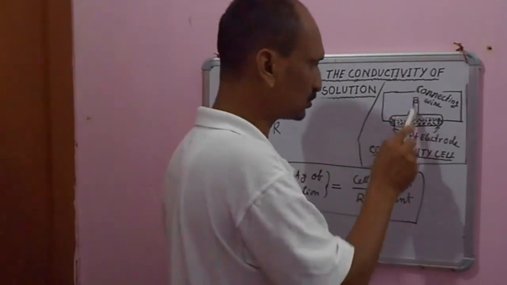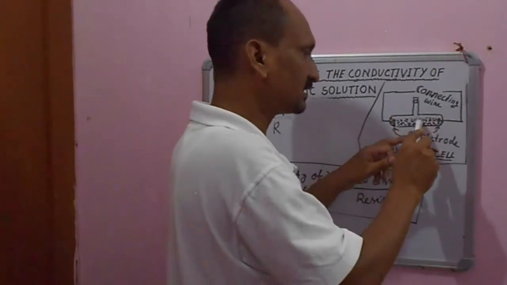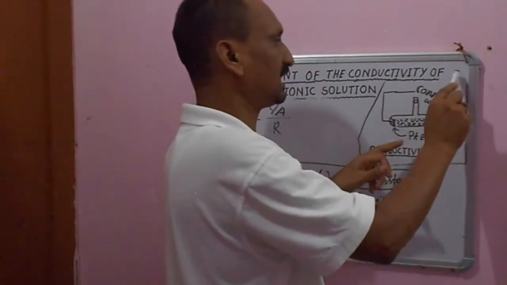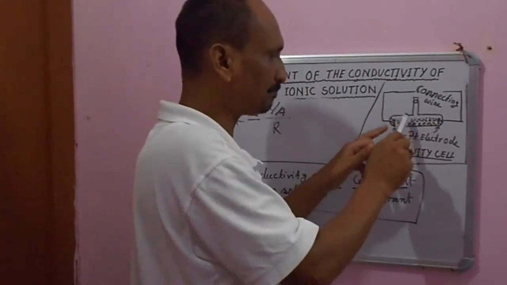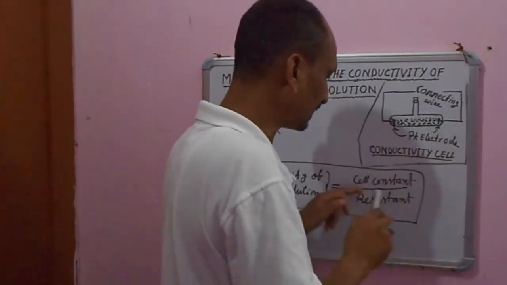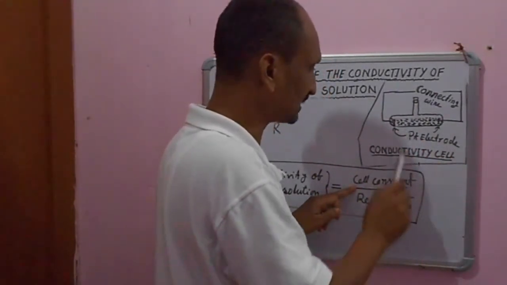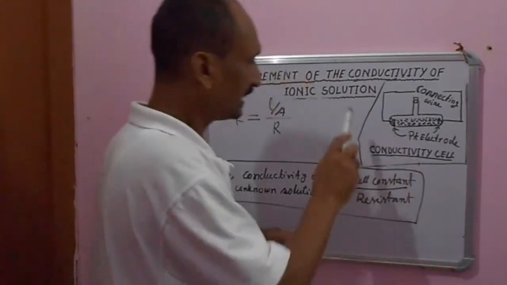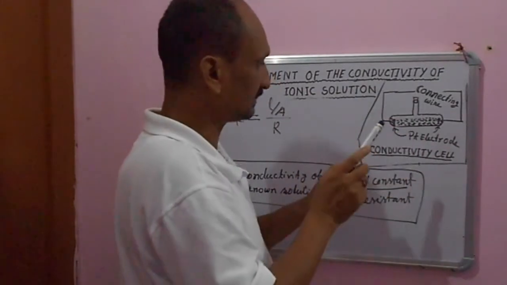So a known solution, potassium chloride solution, is taken here, and its resistance is measured through the Wheatstone bridge. Accordingly, from the known kappa and the measured resistance, the cell constant for the conductivity cell is measured. In the next step, we will take the unknown solution there.